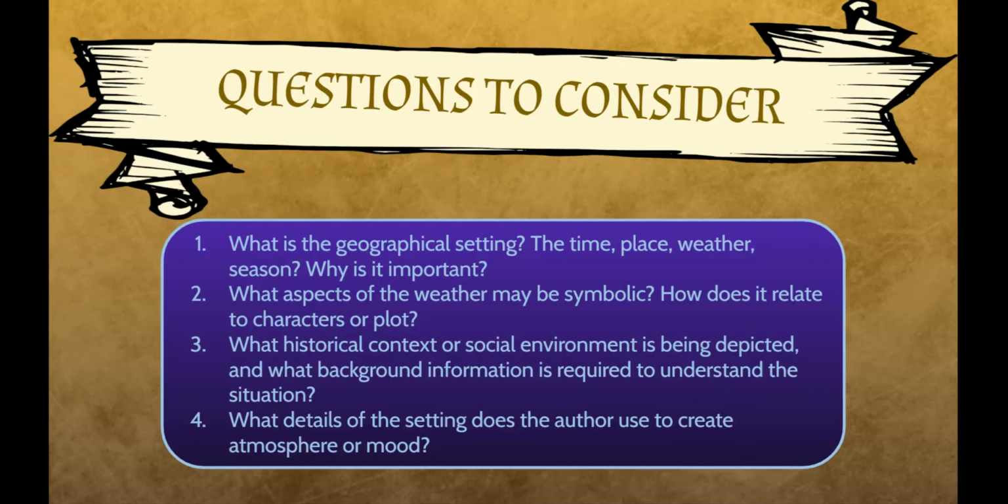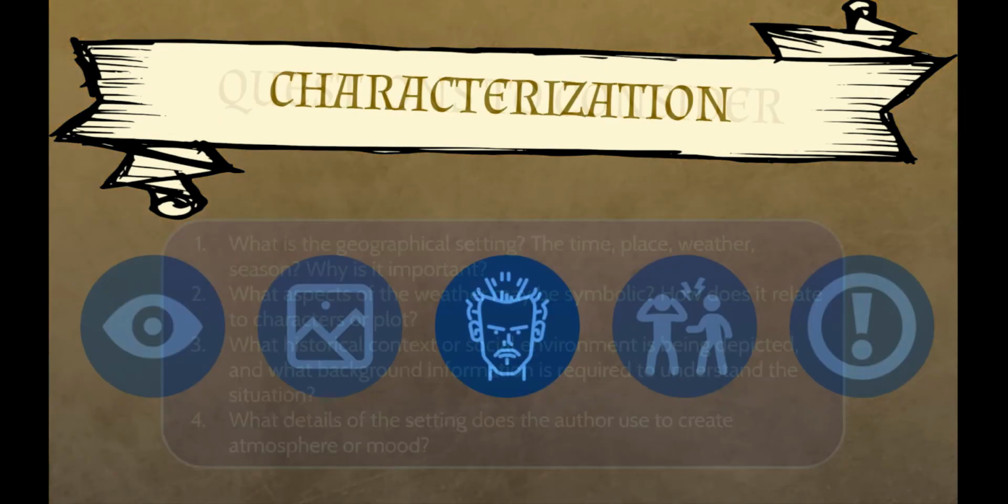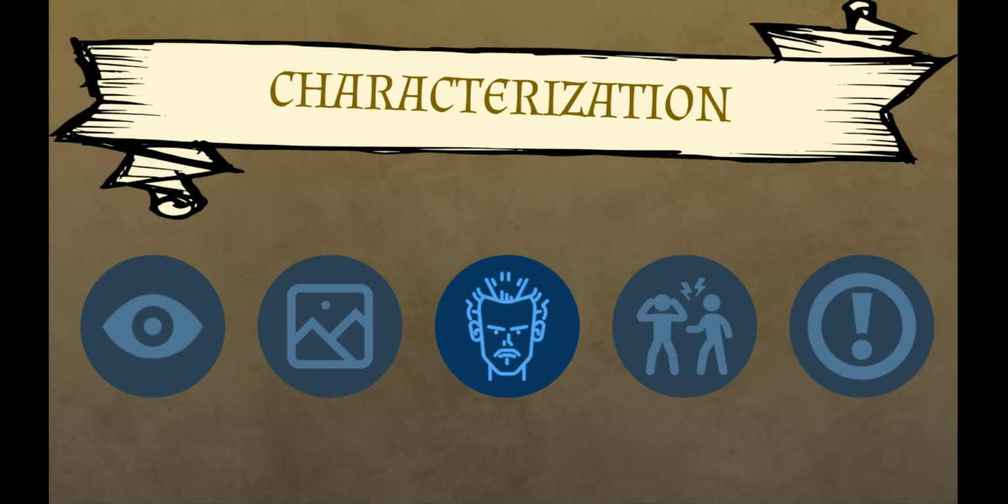Again, with historical context or the social environment being depicted, what kind of background information might we need to know? If we've got something that is set in World War II, then we need to understand some of the World War II context, not our modern day kind of setting. And then thinking about what kind of details does the author use to create that mood, to create something in us.